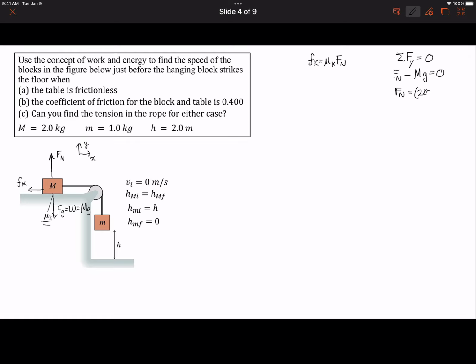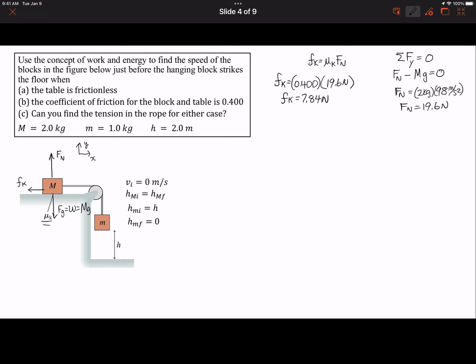So this would be 2 kilograms times 9.8 meters per second squared. So the normal force is just 19.6 newtons. Once we know the normal force, we can figure out the amount of friction because we know the coefficient of friction is 0.4, and then multiplying it by the normal force, we get that the frictional force is 7.84 newtons.